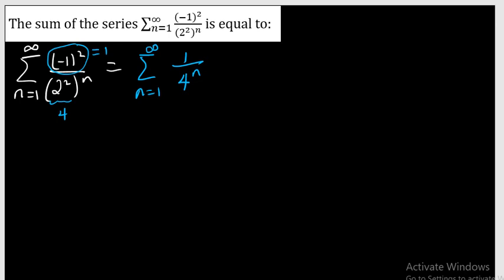Again, 1 and 1 to the power of n are the same, so we can write this summation as the summation of (1/4)^n, n starts from 1 to infinity. We can give the exponent n to both the numerator and the denominator, because 1 and 1 to the power of n are the same for any n.